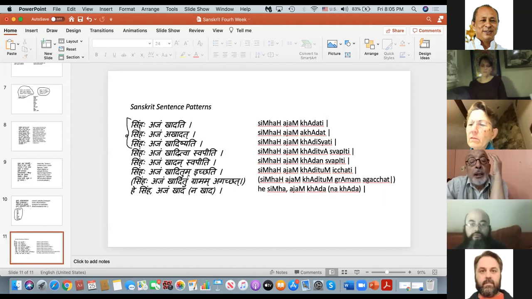Lion eats goat and sleeps, right? But in Sanskrit, they prefer to make it one sentence using khaditva. Having eaten goat, lion sleeps. So the cha is dropped and it's just khaditva. We don't need cha because khaditva means after eating. So after eating goat, Simha, the lion sleeps.